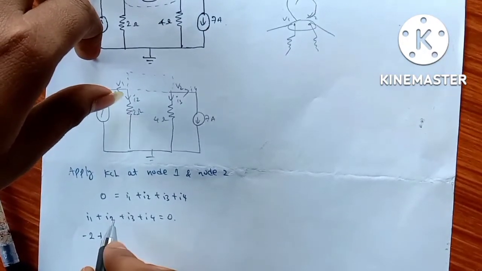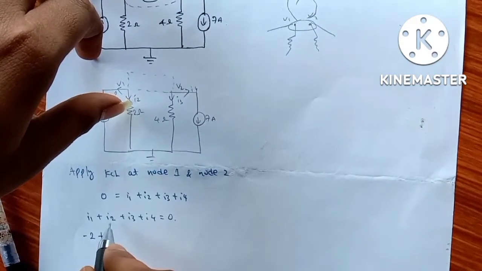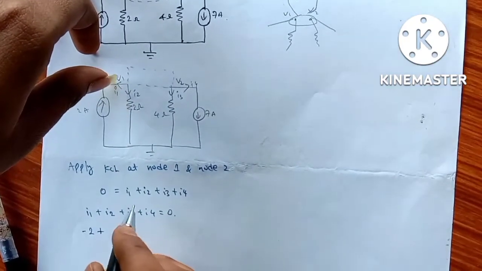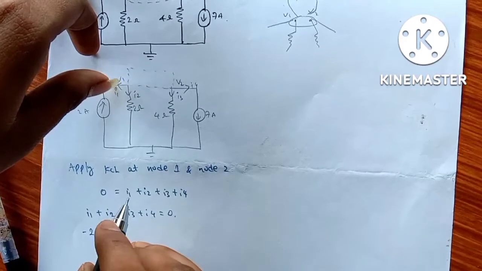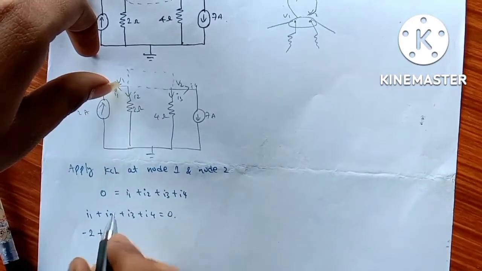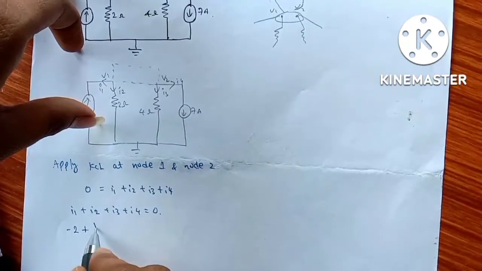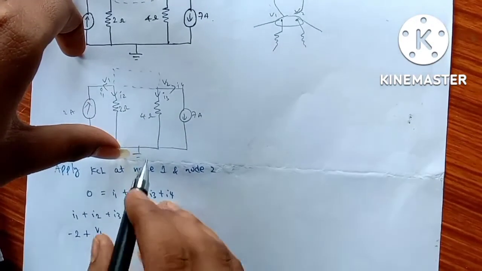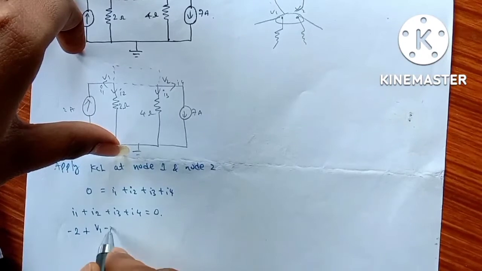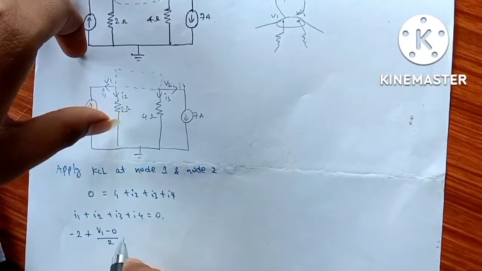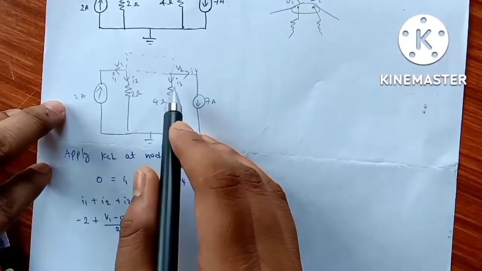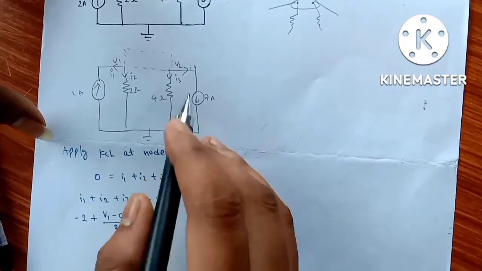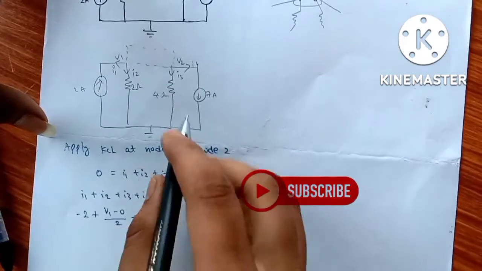plus I2, which we take equivalent from Ohm's law. From Ohm's law, I2 is V1 minus the ground voltage. Here there is no potential, so V1 minus 0 by 2 ohms, plus I3 equivalent.